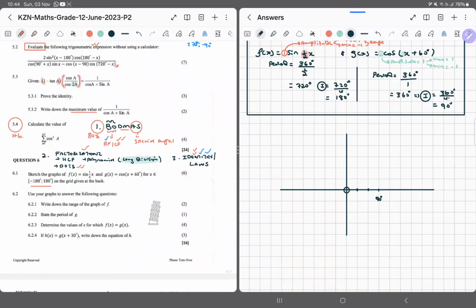Okay, and we're going to 180. So this is going to be 120, 150, right? And then 180. So this is 1, 2, 3, 1, 2, 3. Okay, 180 there.